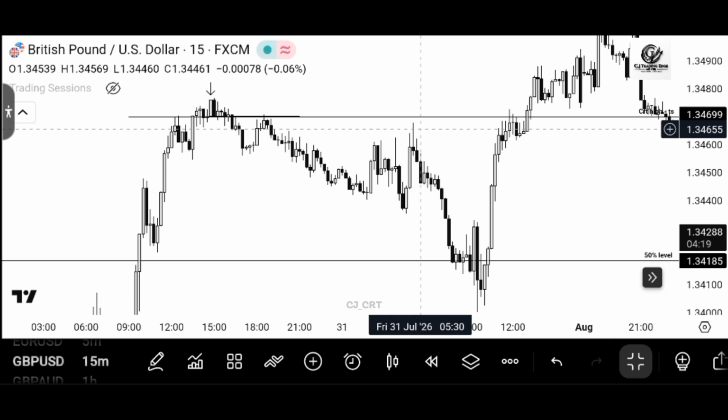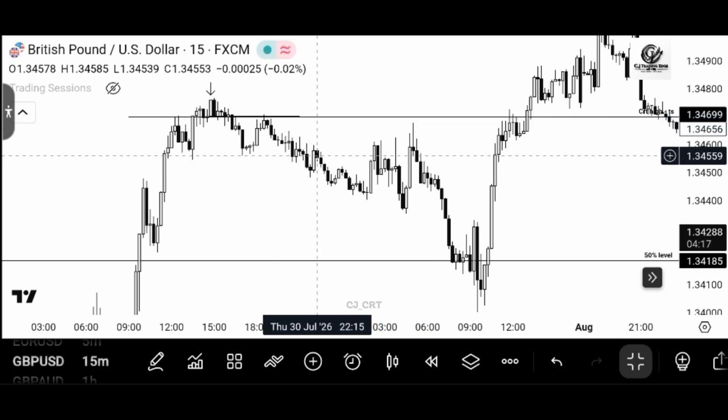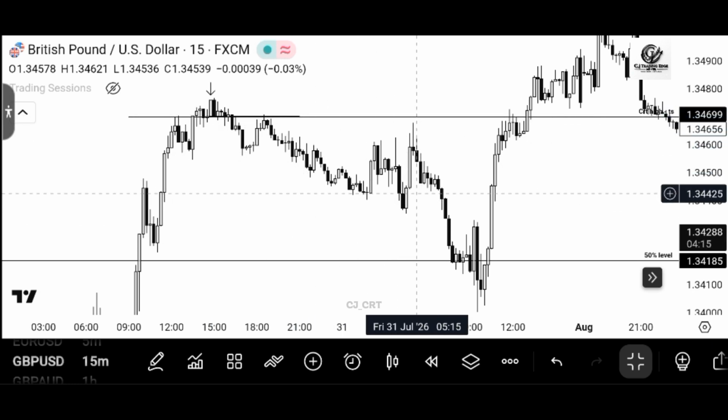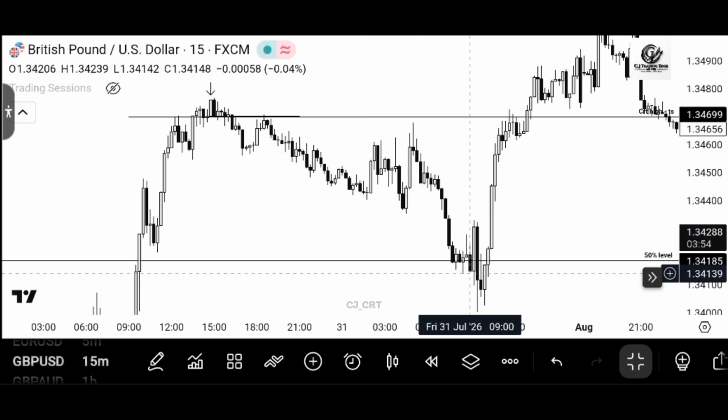I hope you found this insightful. This was a 7.9 risk to reward ratio, if I'm not mistaken, or more or less. It's enough. From here to here, it's enough. From here to this level, it's enough.